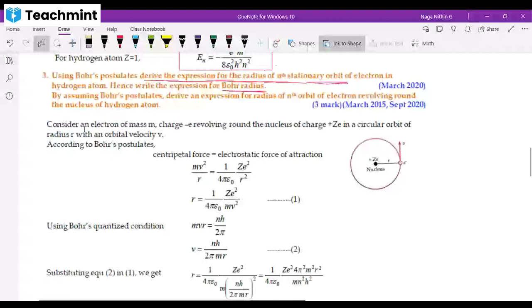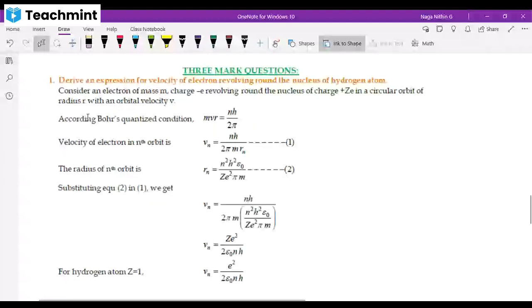Next, there is a chance of asking a 3-mark and a 2-mark question combined as a 5-mark question. So, derive an expression for the velocity of an electron revolving round the nucleus of hydrogen atom.